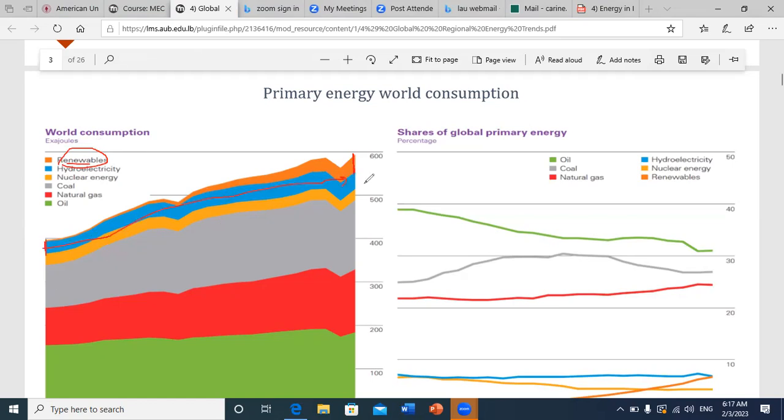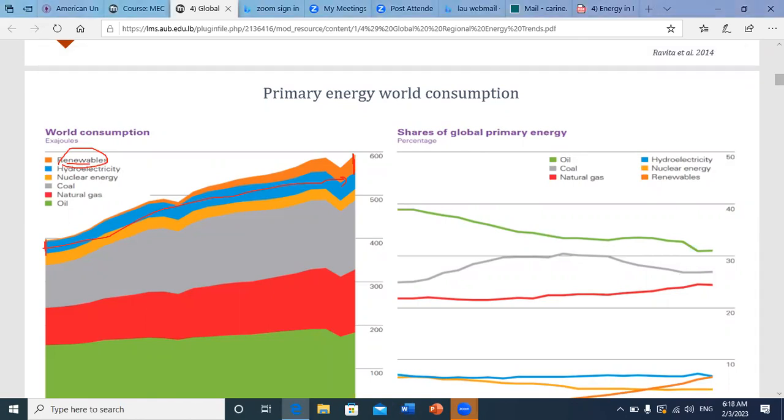But the percentage of, for example, renewable energy is increasing relative to the total energy. Here we can see it better in this graph. We can see the shares of global primary energy as a function of time. So we can see the advancement and share of renewable energy.